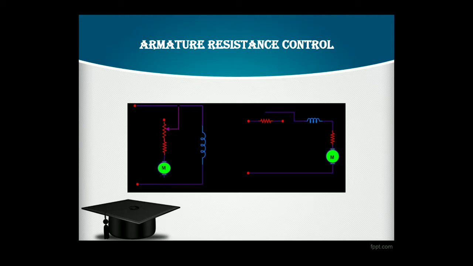Here we are assuming 2 DC motors, one is a series DC motor, another is a shunt DC motor, and a variable resistance is connected with the armature of the motor, and by varying this armature resistance we can control the speed of the DC motor.